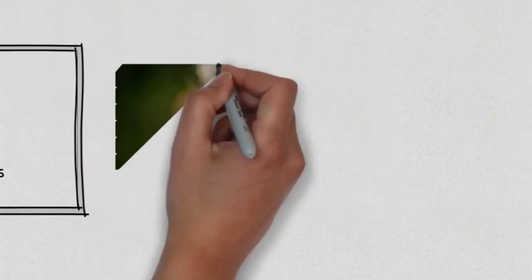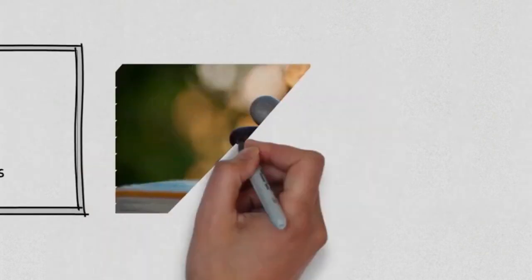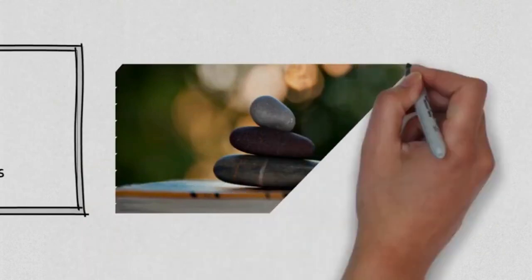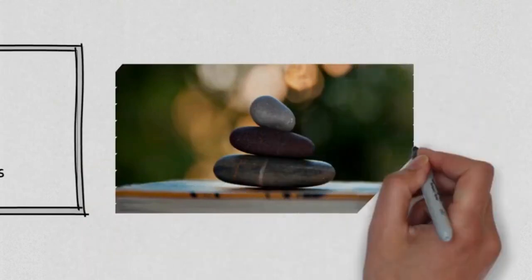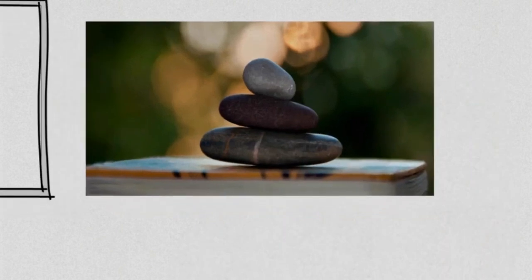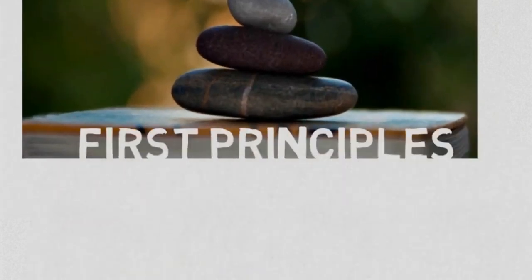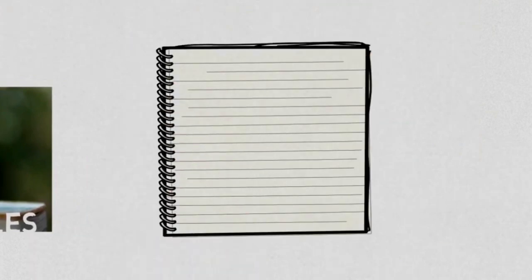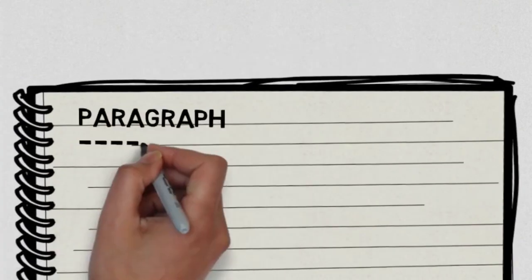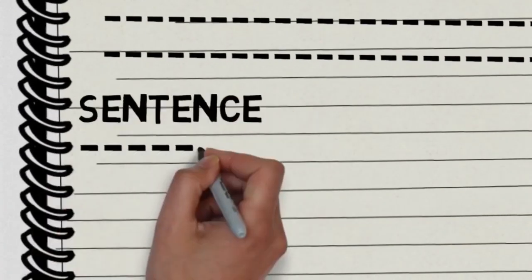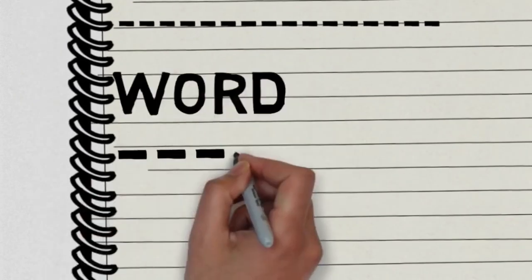In the last video, we said we can divide any object into categories and subcategories to organize information like we do in sciences. So we first need to break the text down into paragraphs, paragraphs into sentences, sentences into words.